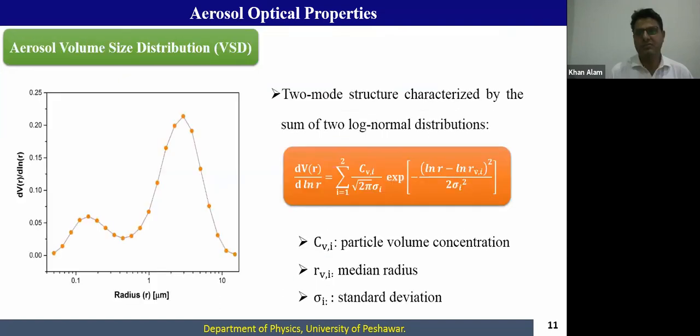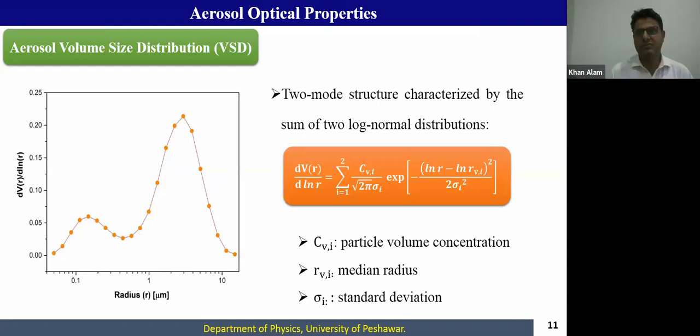Aerosol volume size distribution is another important optical parameter that can differentiate between the column concentration of aerosols. It can say how many bigger particles there are in the atmosphere, how many small or fine particles there are in the atmosphere.